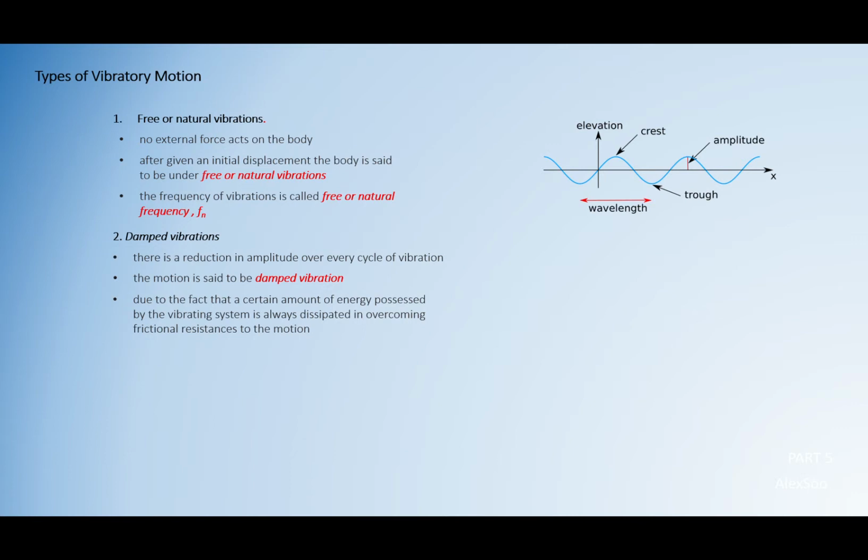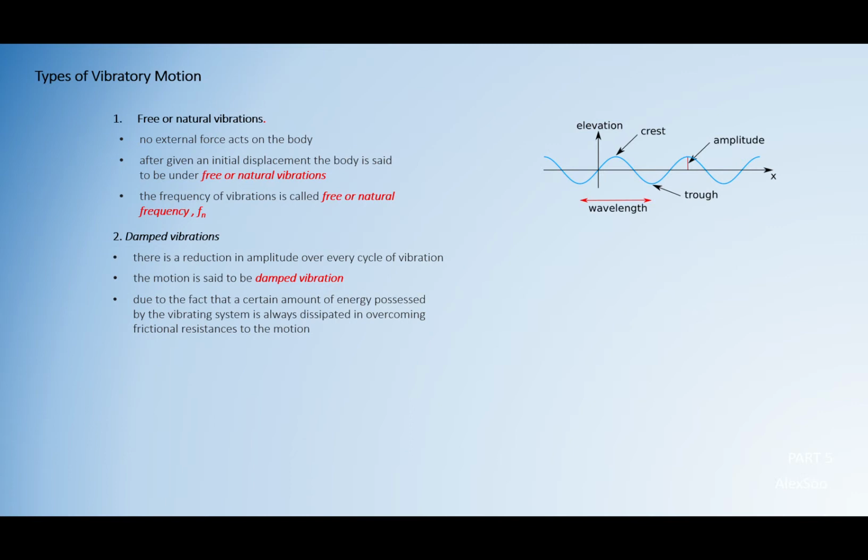A certain amount of energy is possessed by the vibrating systems. All vibrating systems consist of kinetic energy, and this kinetic energy will die off slowly, as it is always dissipated in overcoming frictional resistance to motion.